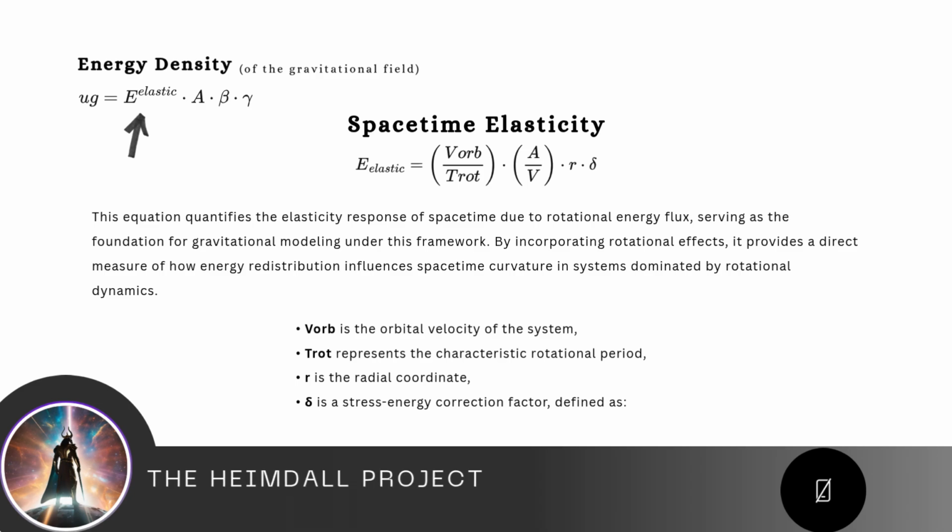The rotational and orbital speeds, the area and the volume, radius, and the stress energy correction factor are accounting for how much this celestial body is moving and how stretchy space-time is, because how stretched out is space-time responding to the movement of this celestial body.